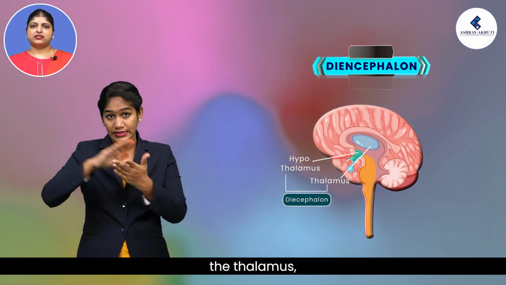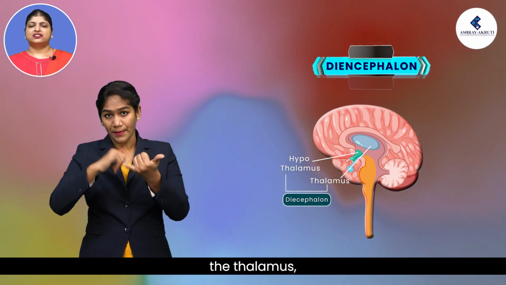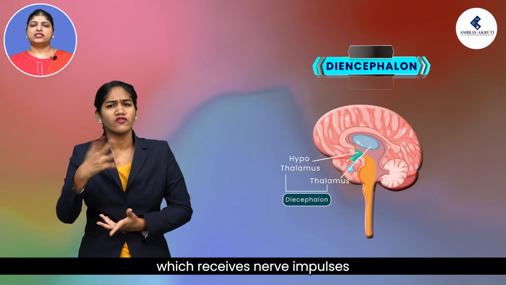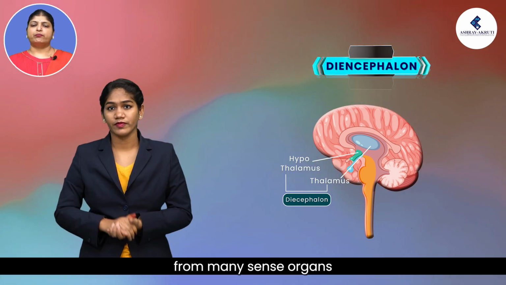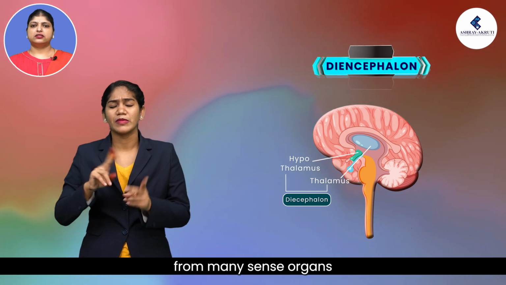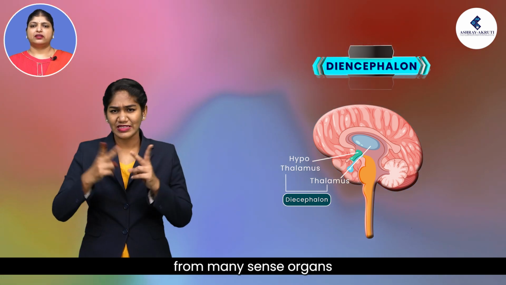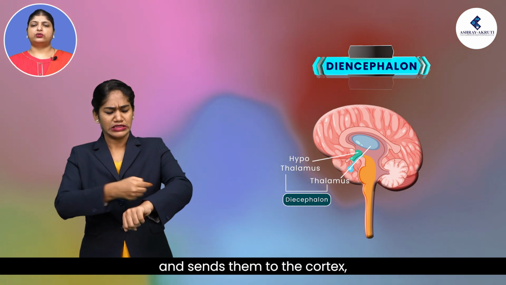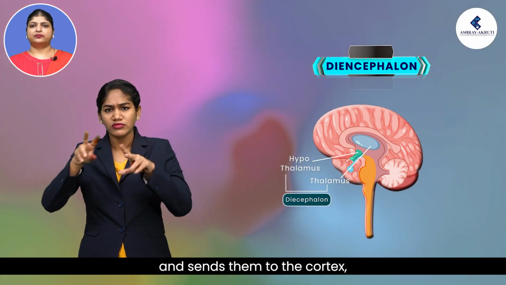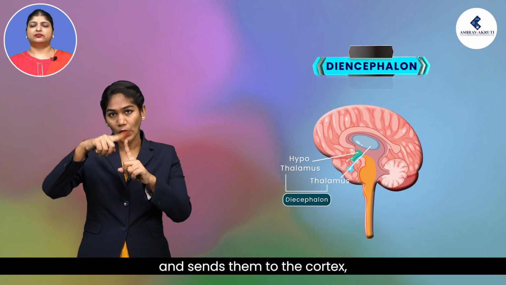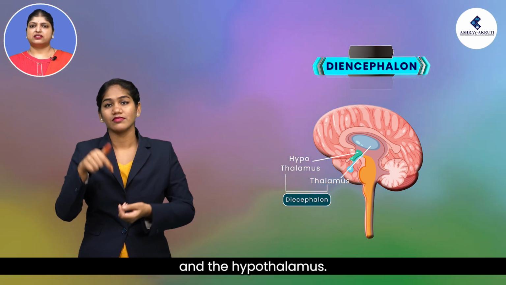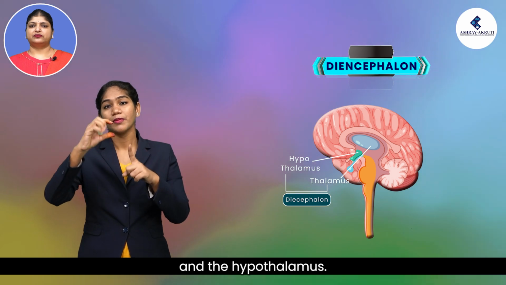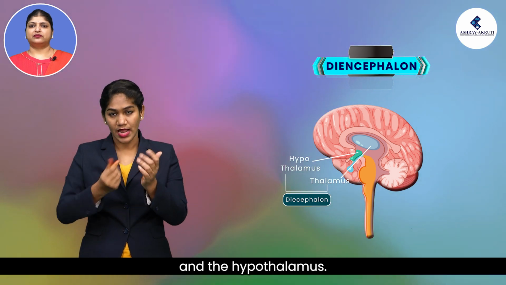The thalamus, which receives nerve impulses from many sense organs and sends them to the cortex, and the hypothalamus.